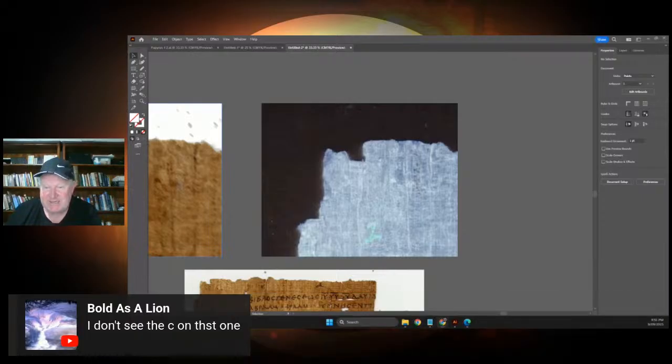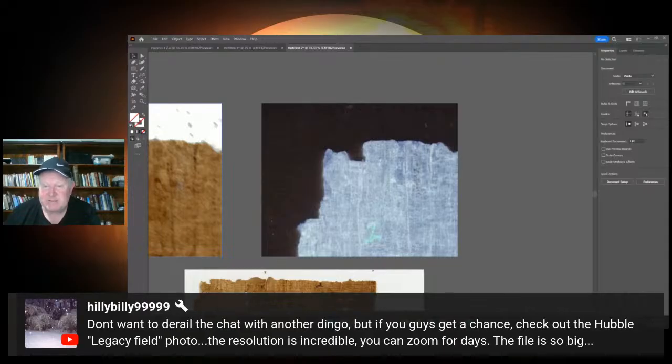I don't see the C on that one. Hilly Billy says, don't want to derail the chat to another topic, but if you guys get a chance, check out the Hubble Legacy Field photo. The resolution is incredible. You can zoom for days. The file's so big, I can't run any other programs with it open.